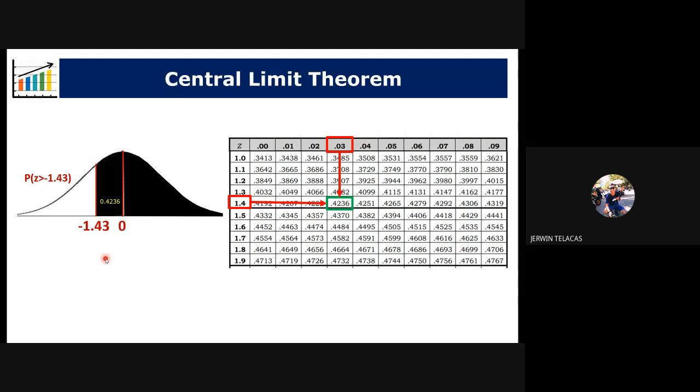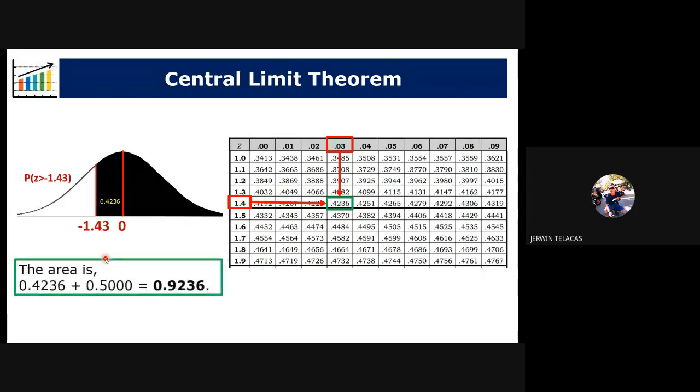We are going to add 0.5 to 0.4236. Okay, very good, Christian. So we just simply add. We know that this big shaded region is 0.50. So 0.4236 plus 0.5 will give us a sum of 0.9236.